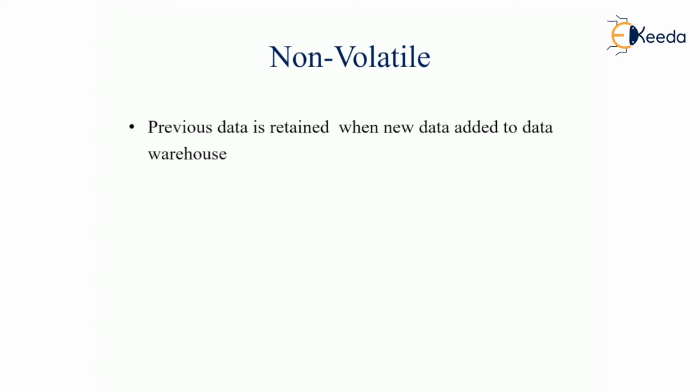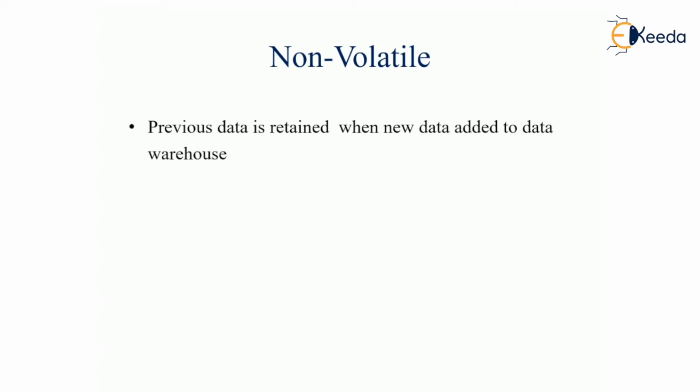Next feature is non-volatile. So, when the data is stored in the data warehouse, it should not be vanished. That is the crude meaning of non-volatile. The previous data is retained when new data is added to the data warehouse.